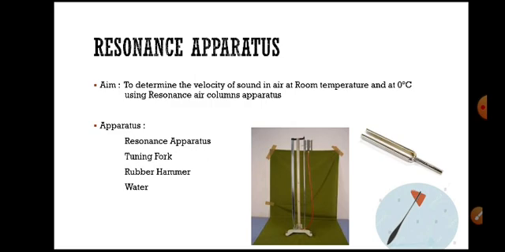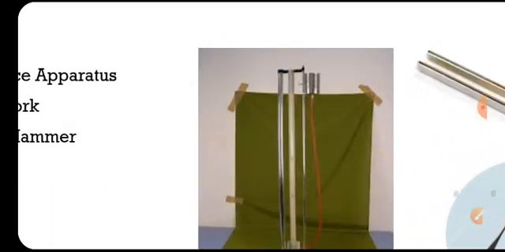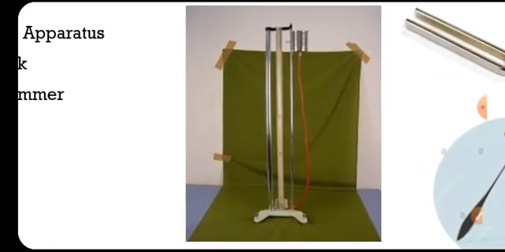So here is the resonance apparatus, for the velocity of sound in air. This is the resonance apparatus we are using in our laboratory. The apparatus consists of a glass tube, or it is a metal tube.